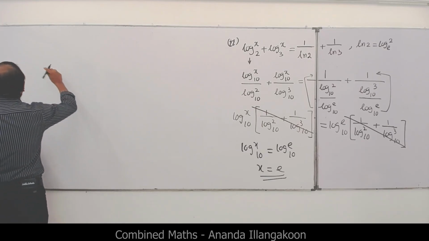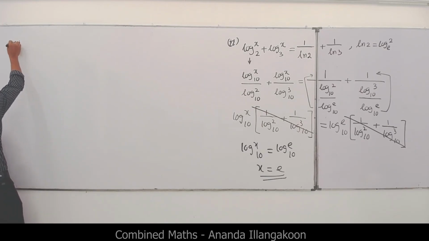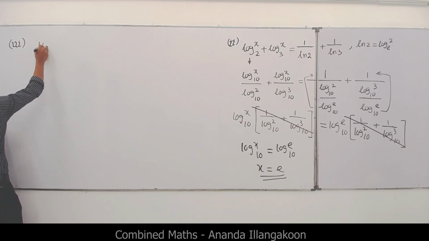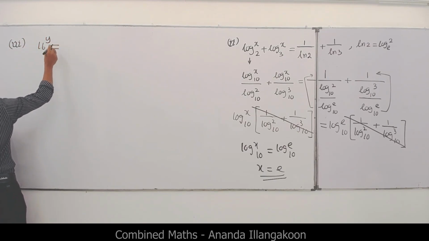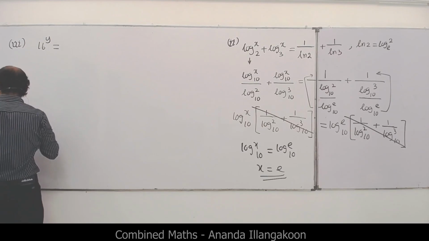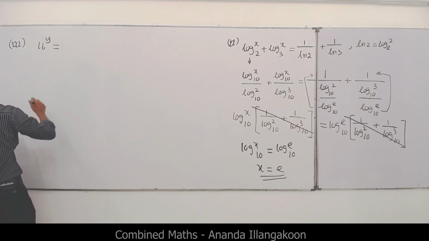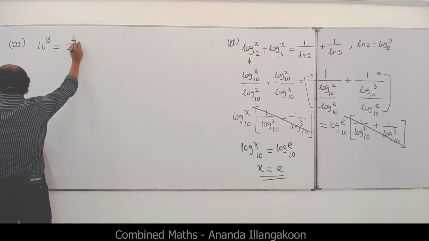Third part. 16 to the power y is equal to 2 to the power 2 times 2x minus 18.